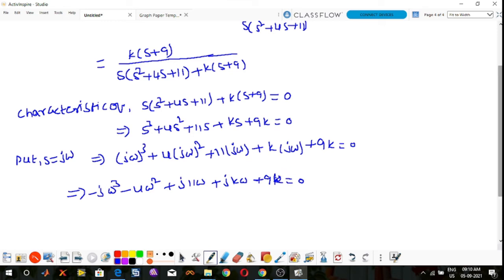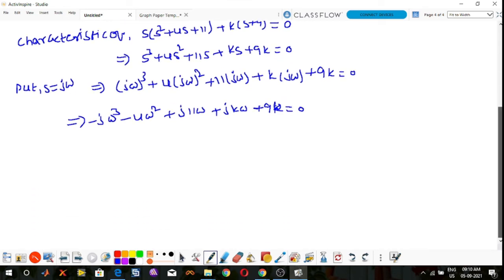In this equation, equate the real parts and imaginary parts on both sides. Equating the imaginary parts, on the LHS the imaginary part is minus omega cube plus 11 omega plus K omega. On the RHS there is no imaginary part, so that is 0.